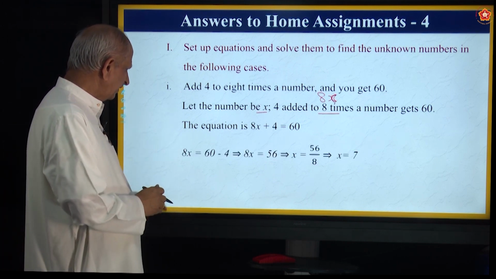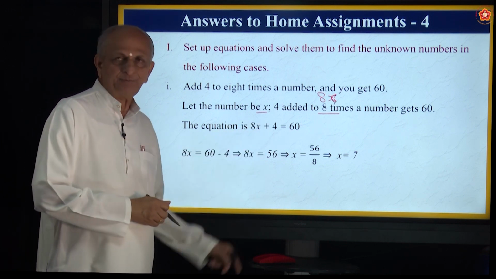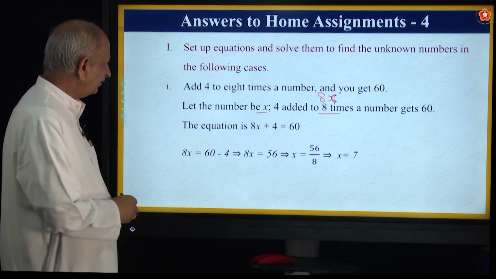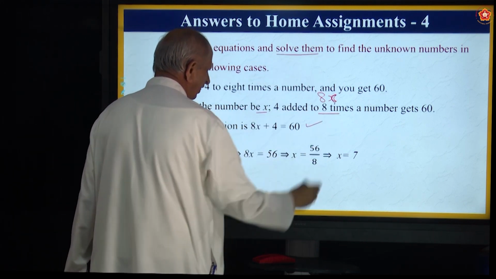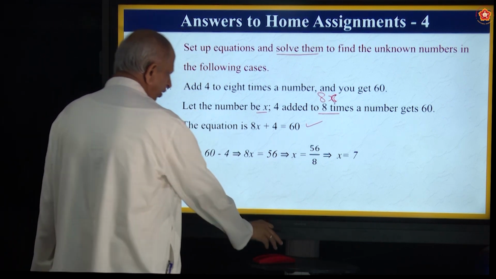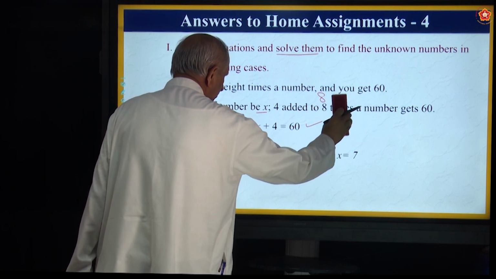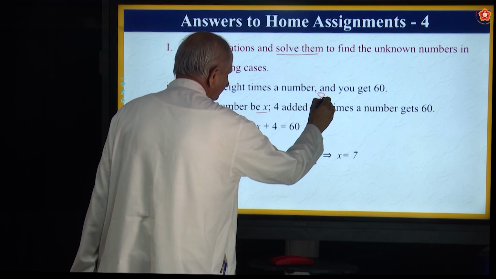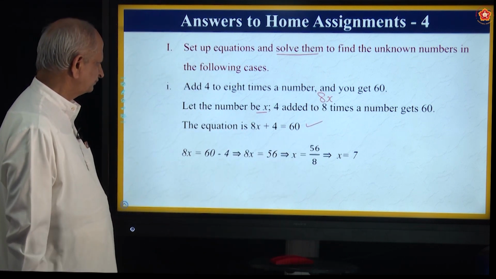So, what happens to the equation now? The next step is you have to transpose, because you are asked to solve them. Now, we got the equation here. We are asked to solve them. How to solve it? Solving means finding the value of the unknown.